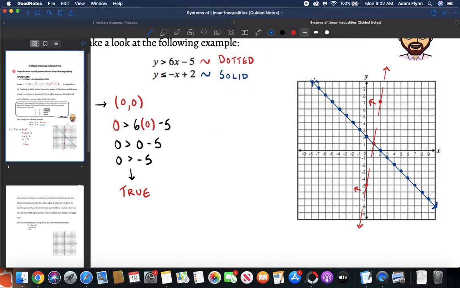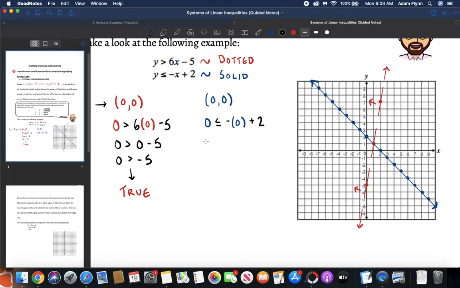So now what I can do is do the same thing for my blue line. For my blue line, I'm also going to plug in 0, 0. So if I do that, I have 0 is less than or equal to negative 0, which sounds kind of silly, plus 2.